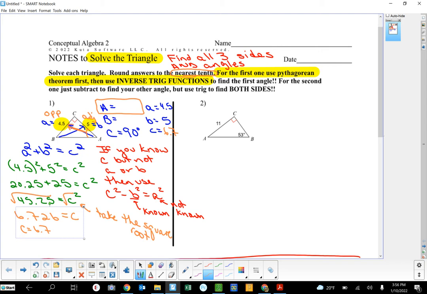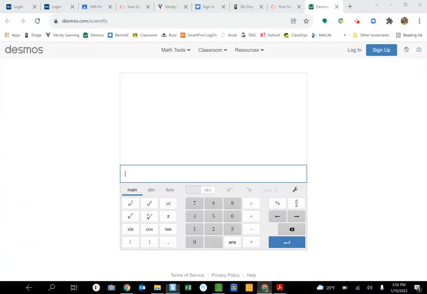So that would be the tangent function. The tangent of A is opposite over adjacent, so that would be 4.5 over 5. And then you know that I would use the inverse tangent. So I go inverse tangent of 4.5 divided by 5. And I'm going to go over to Desmos to do that real quick.